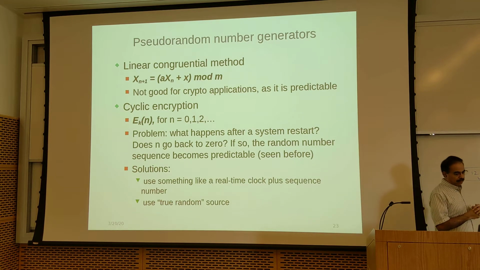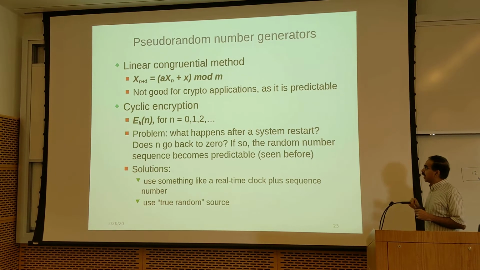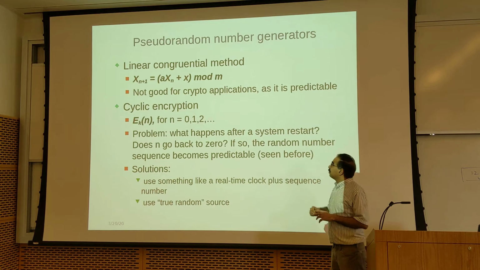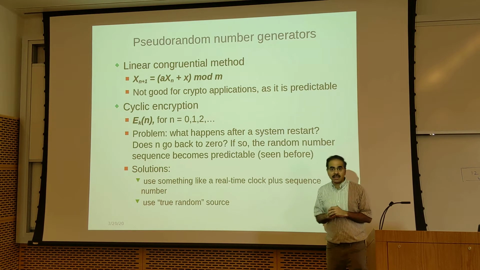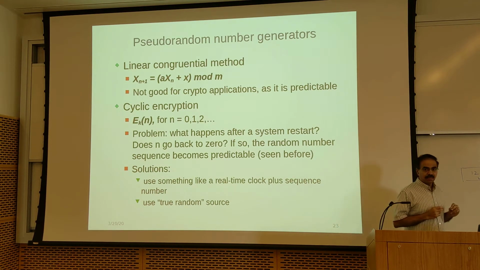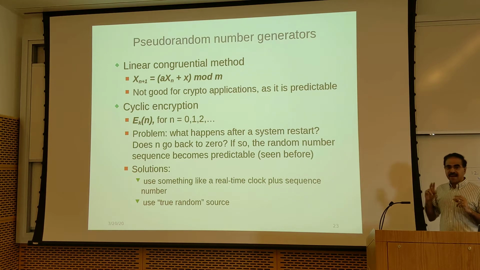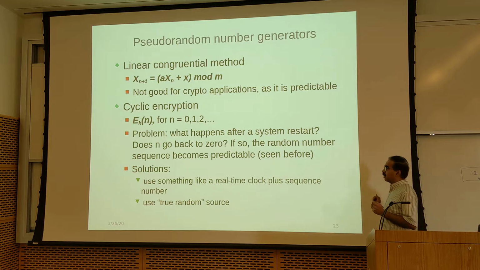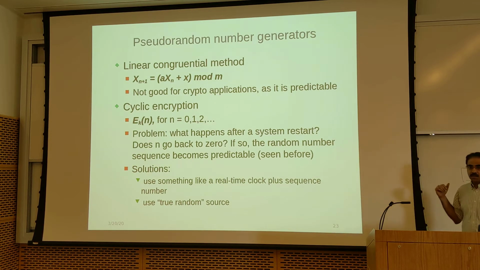Because of the properties of modulo, if you choose m appropriately, you can make sure that x_(n+1) and x_n look as if they have no connection, right? So x_(n+1) looks random compared to x_n, but it's obviously not truly random, because anybody who knows x_n can easily generate x_(n+1), right?